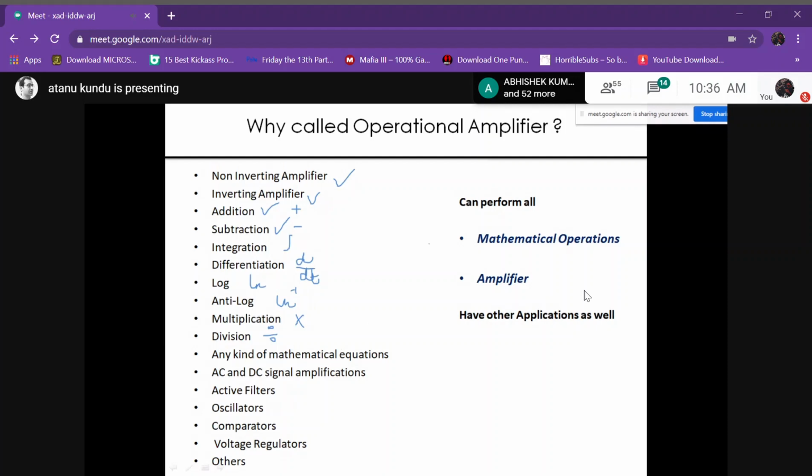If you can perform all these operations, other operations are very easy to perform. And it can amplify any signal, which can be AC or DC.